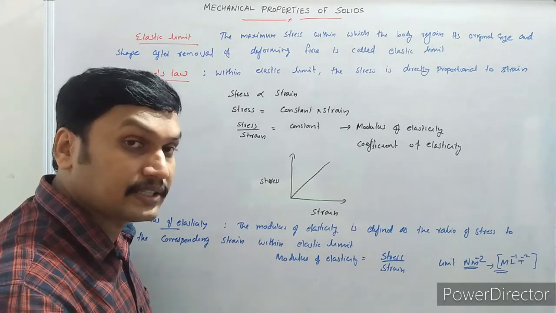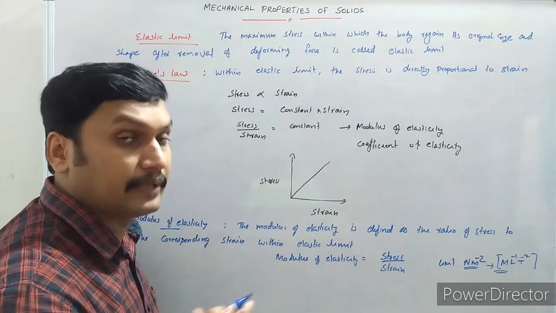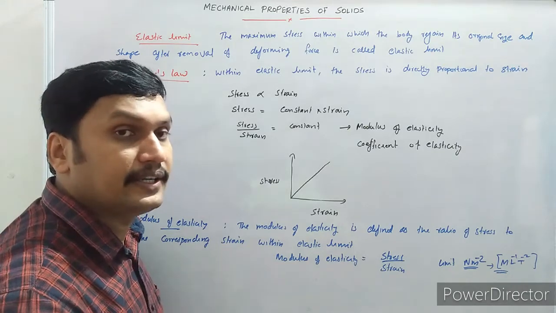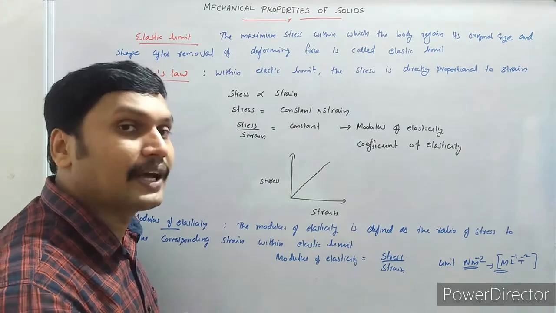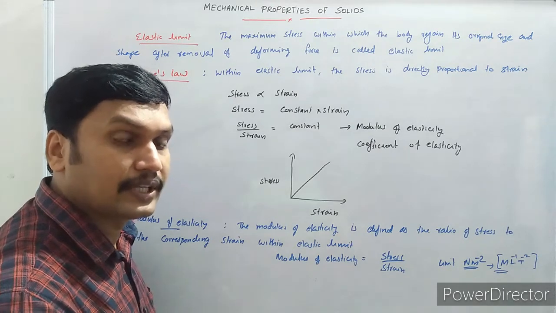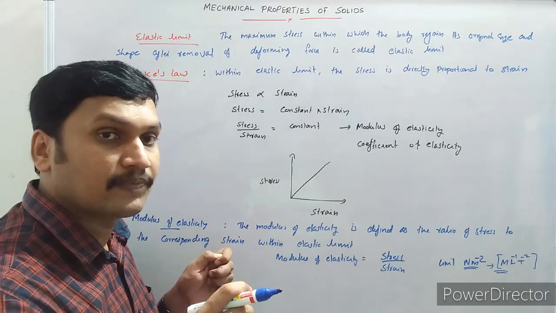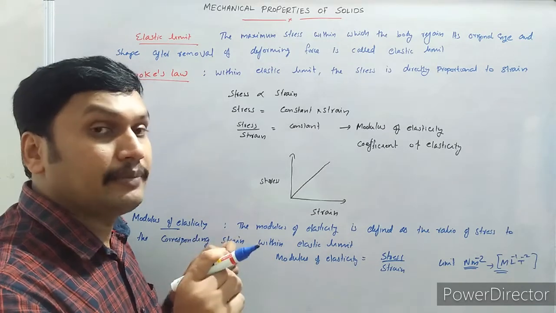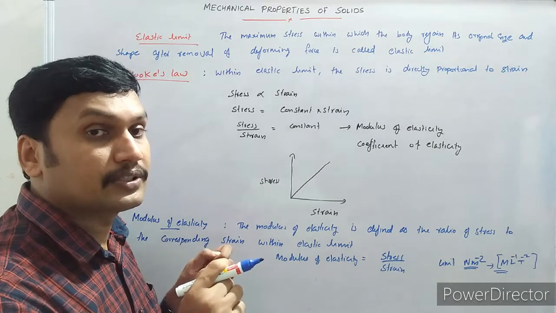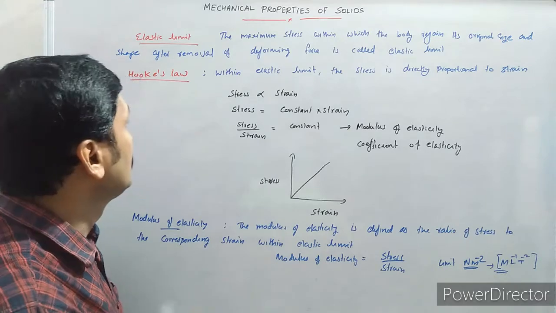If you exceed the elastic limit, if you increase the stress beyond that value, the body will change its shape permanently. For example, if you extend a spring by applying a huge force and its elastic limit is exceeded, it cannot come back to the original configuration. Permanently, the length of the spring will change.